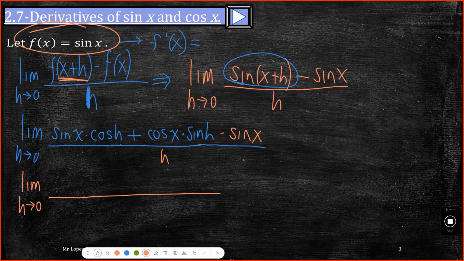So I'm gonna put next to each other this sine x cosine h, and then put that minus sine x right next to it. And then put this in the back over here, over h.